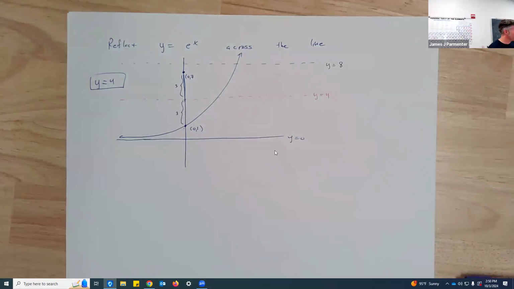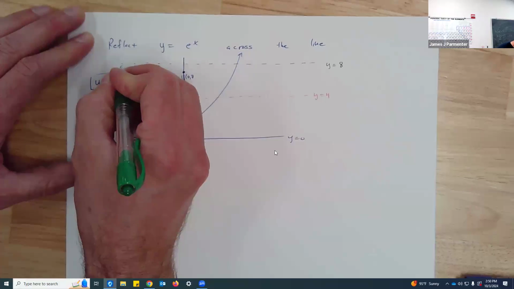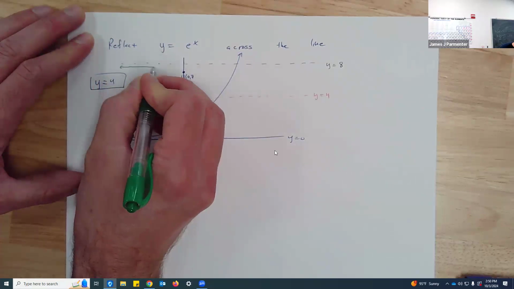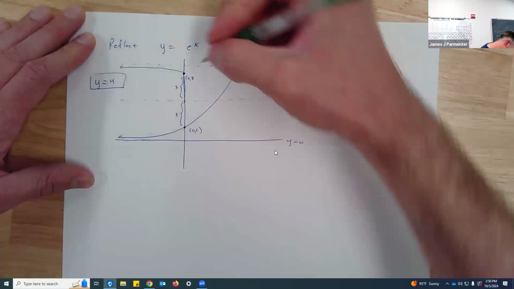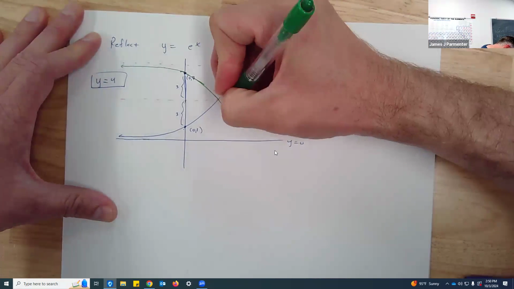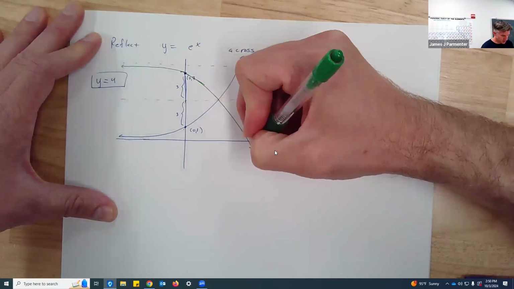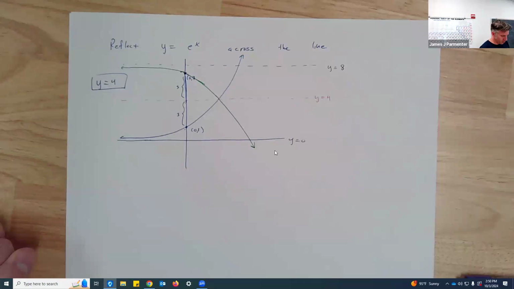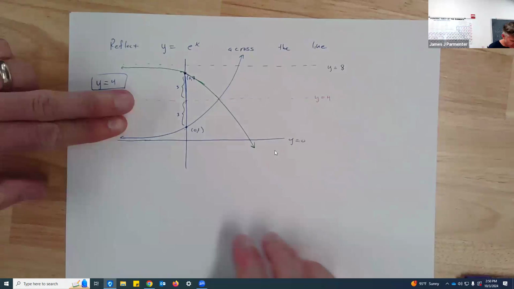You guys can kind of see the colors, right? Try and use different colors. Okay, great. So I'm just reflecting all of this. There's my reflection across the line y equals 4. I took that graph and I flipped it up like that.